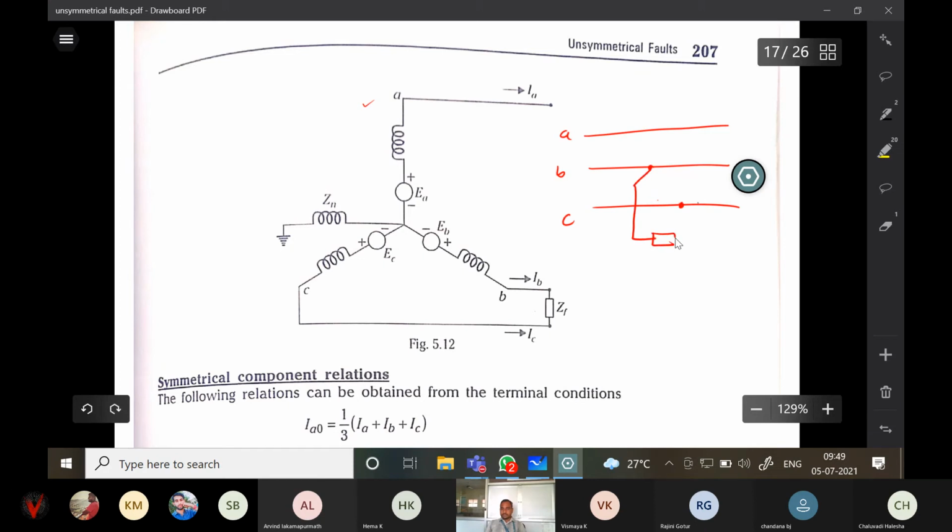In between, ZF is there. This is called the IB current, and this is called the IC current. Both are in opposite directions. This is ZF, and IA will become 0.